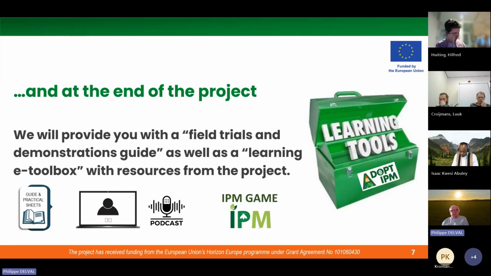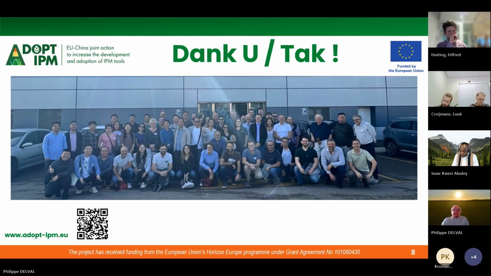The idea is also to provide some e-learning material, maybe a podcast. We also work on an IPM game that we developed in vegetables, on lettuce and tomato, and we are finishing one on wheat as well. So stay informed to have all these results available.